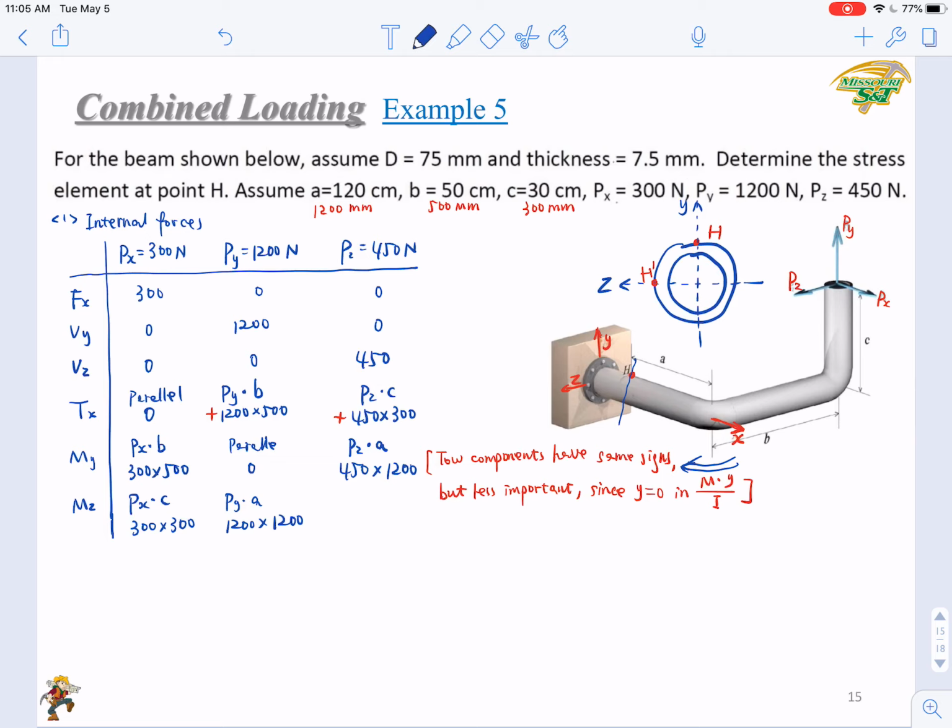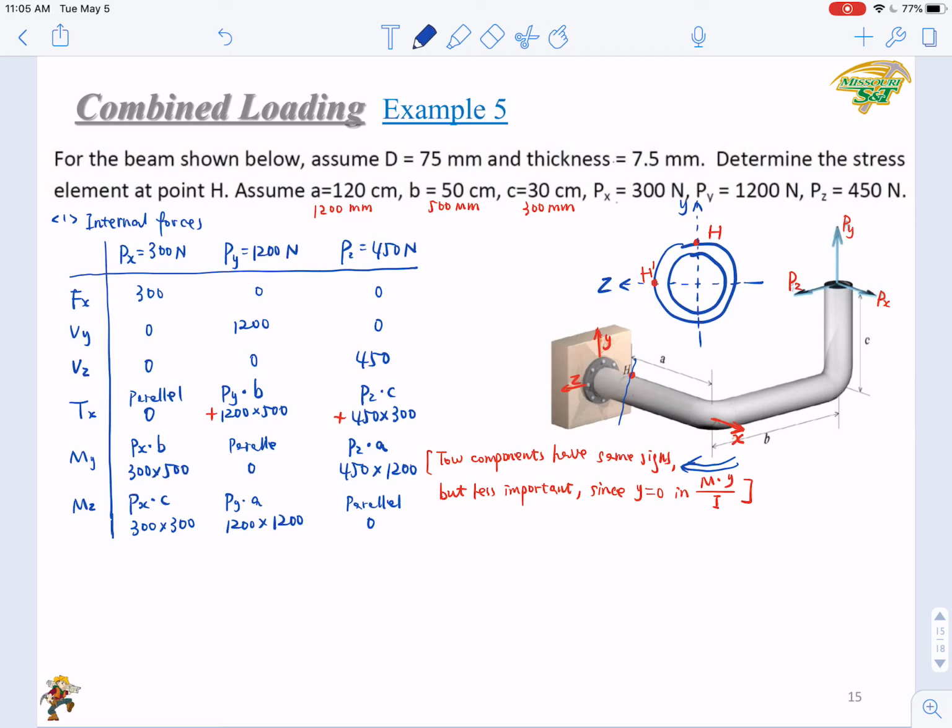Then the Pz is in parallel with the z-axis, so here it will be 0. Now let's look at these two. Compare these two bending moments, Mz components. Do they have the same sign?